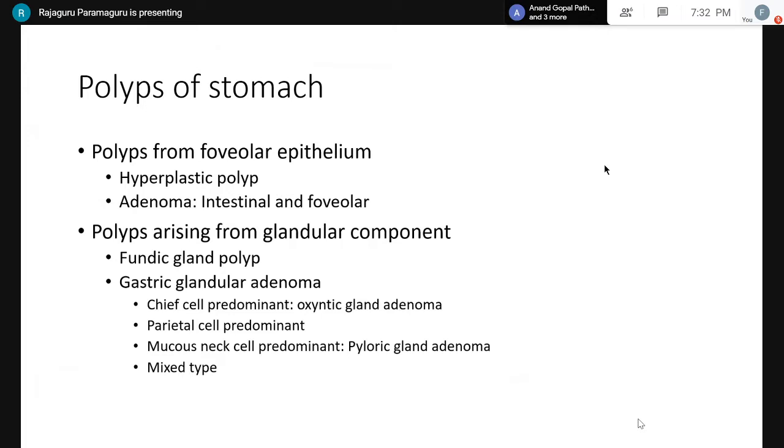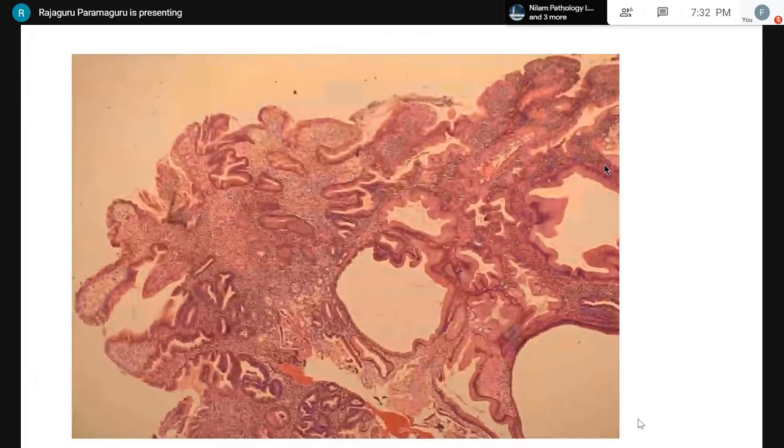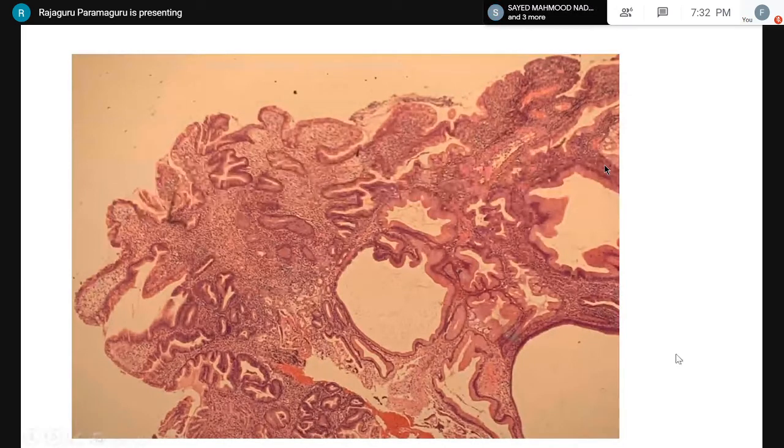Without wasting much time, we'll go to the important polyp in the stomach, the hyperplastic or inflammatory polyp. This is a low power image showing marked foveolar hyperplasia. The foveolar epithelium is dilated and closely packed, and there is no ulceration seen here, but you can also find lots of ulceration.